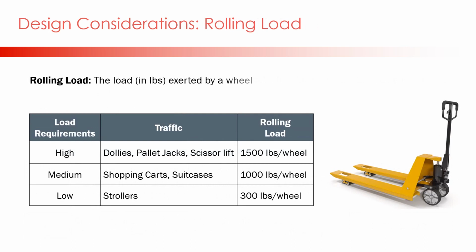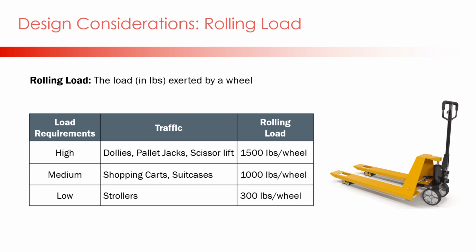The third design consideration is rolling load. The rolling load represents the wheel load a particular mat or grille can handle without signs of permanent deflection or damage to the rails.